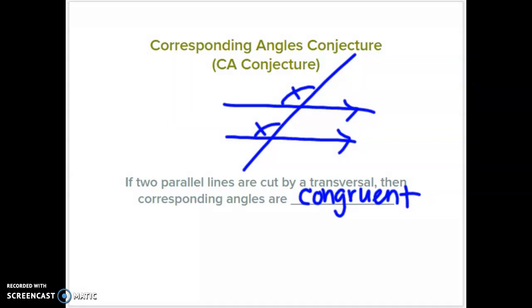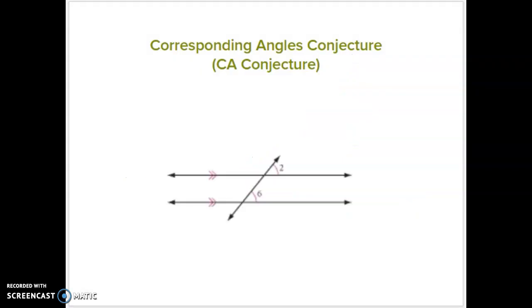So I could keep going and say this angle and this angle are congruent. Okay, so if you want to add to your picture, you can put congruent markings by 2 and 6. Again, if I'm going too fast, pause the video when needed.